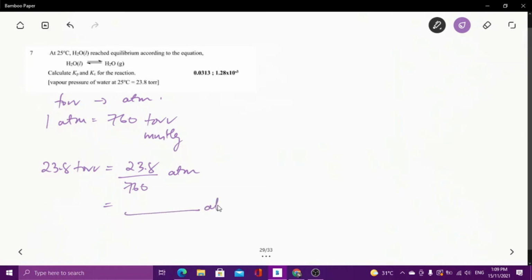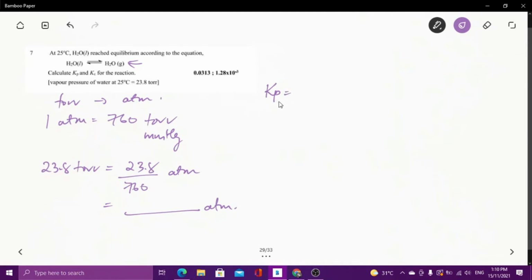Okay, and then this value here kita akan dapat untuk the partial pressure of water yang gas ni sebenarnya. Okay, apa yang kita akan dapat kat sini nanti kita akan cuba masukkan in terms of Kp sebab itu in terms of pressure.